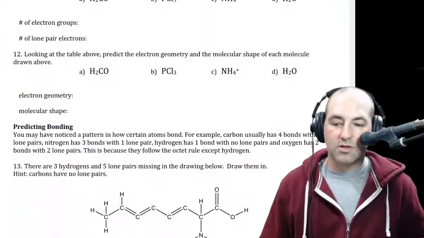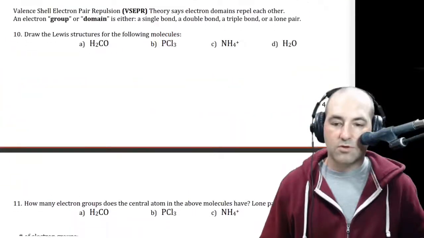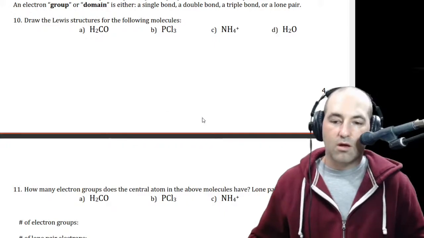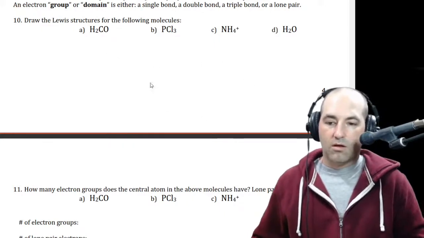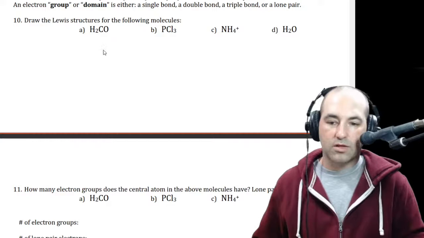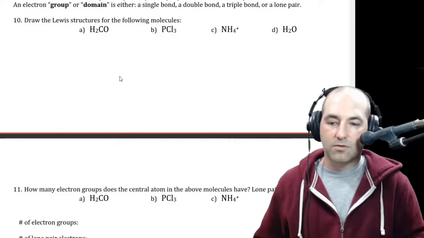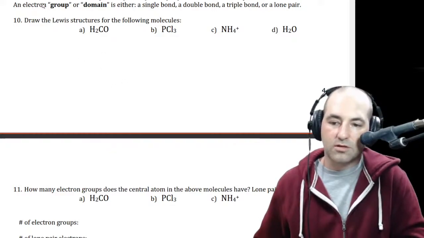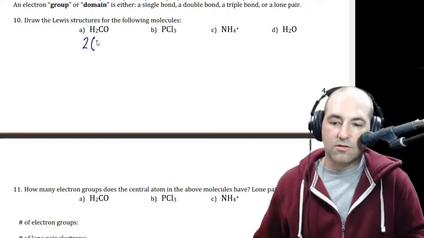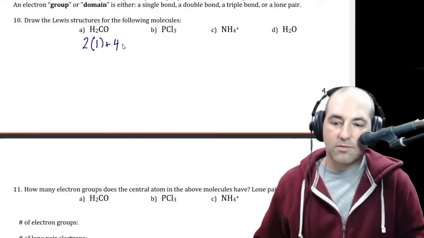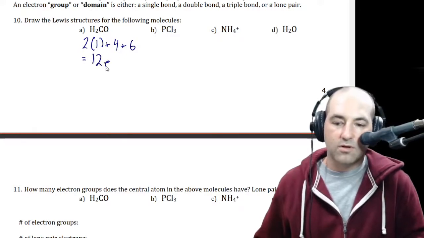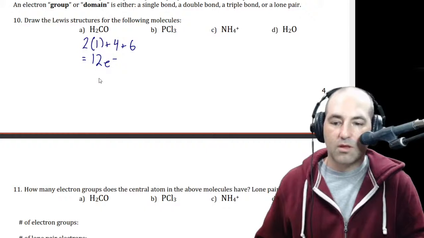So let's do that for some structures here. Let's do H2CO. I think this one was in there earlier also, just as a plain Lewis structure. So we've got 2 from the H, plus 4 from the C, plus 6 from the O, and that gives us 12 total valence electrons.